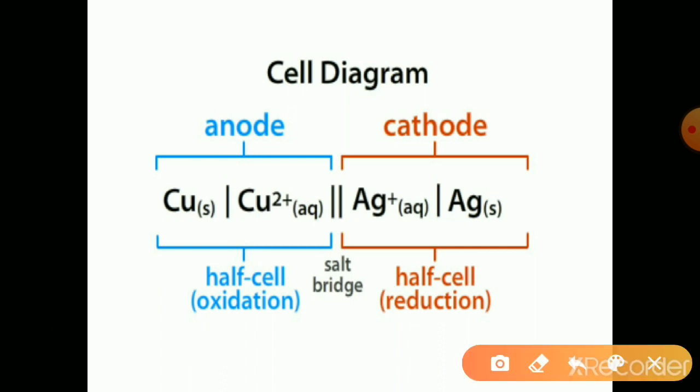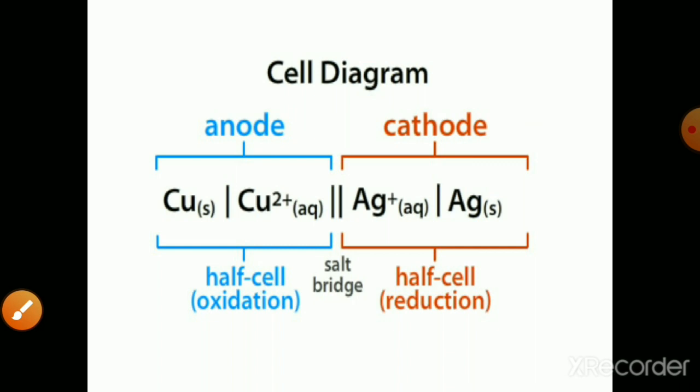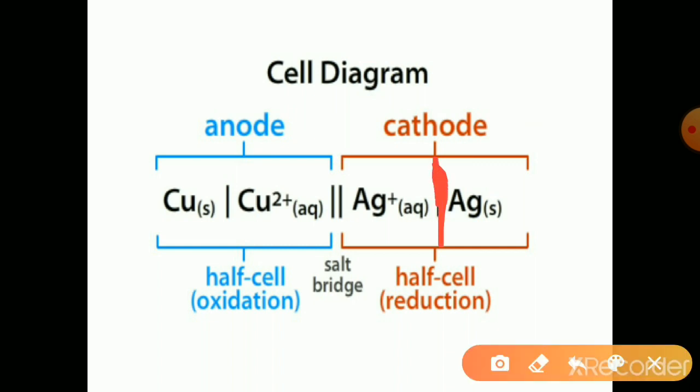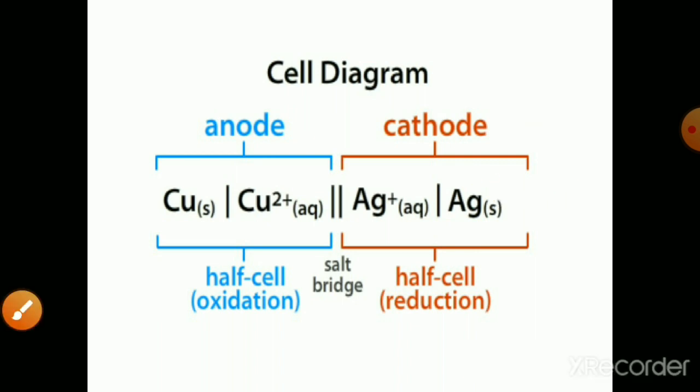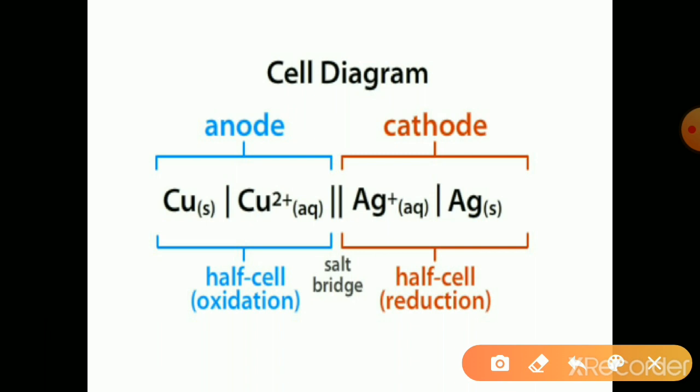Similarly, the cathode is represented: silver is dipped in the silver ion solution. So they are in physical contact and it is shown by a vertical line between the solution and the metal strip. And as we know, on the cathode a reduction takes place, so first the ionic species is indicated and then the metal strip.